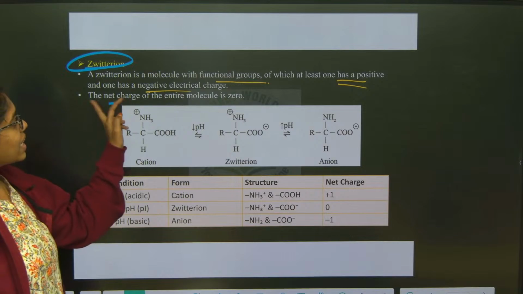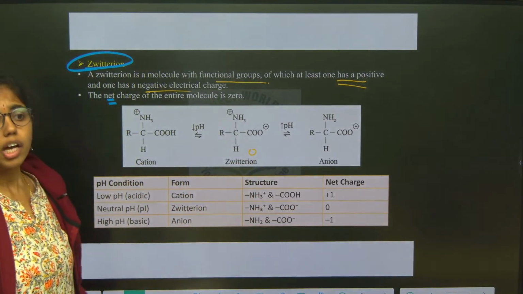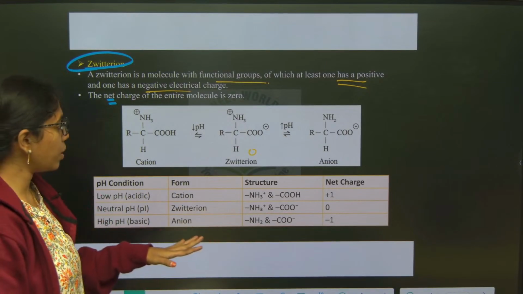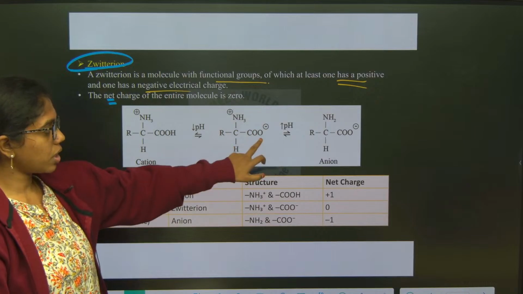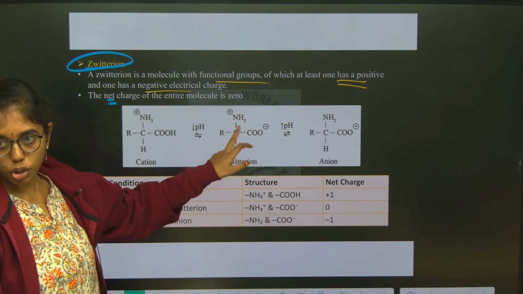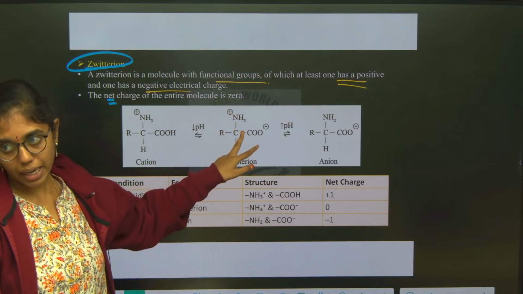So the net charge of this zwitterion will be what? 0. So amino acids at neutral pH will have one positive charge and one negative charge in the functional groups, the carboxyl functional group and the amino functional group.